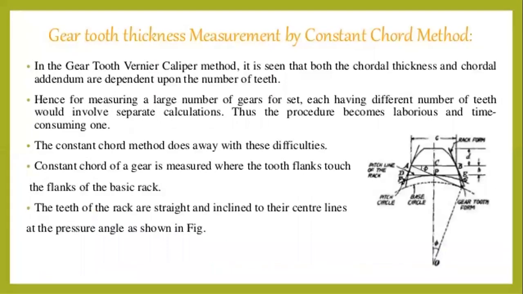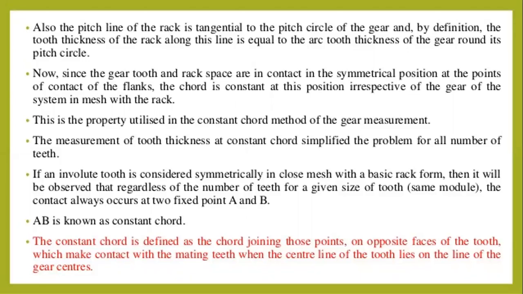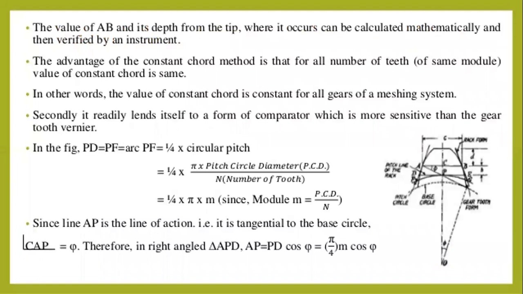So that is defined to be the constant chord position. Next, the value of this AB, that is the constant chord, is taken into account, which is its depth from the tip.